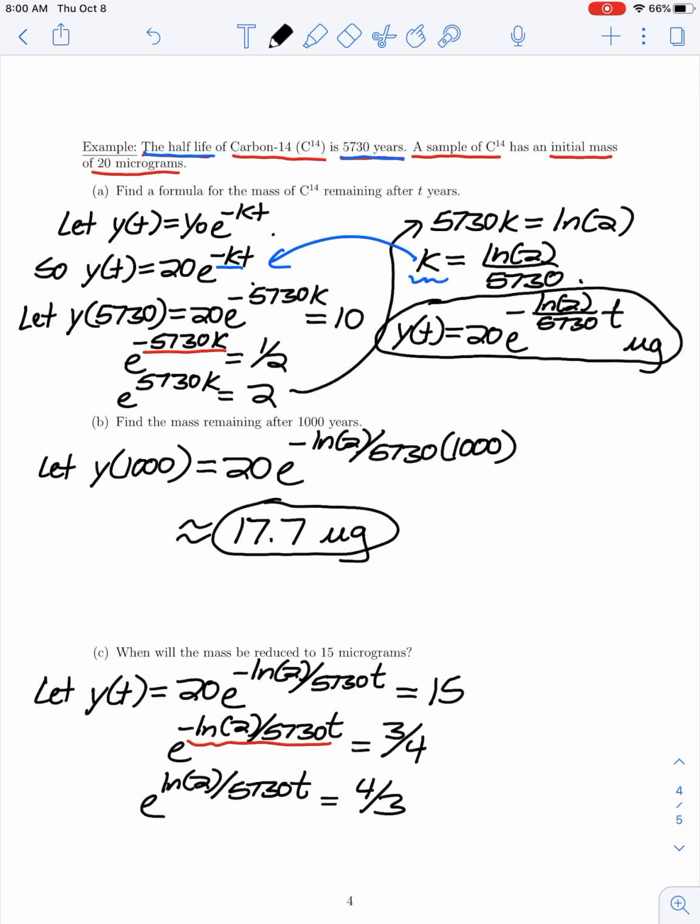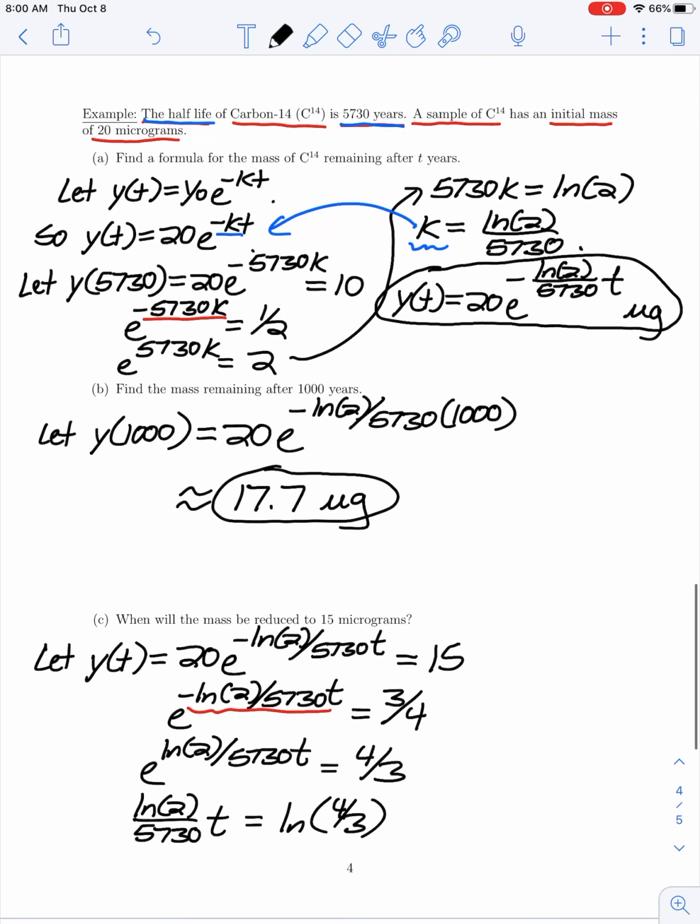So now, to eliminate the exponential, I could take the natural log of both sides, and I would have the natural log of 2 over 5730 t is equal to the natural log of 4/3.